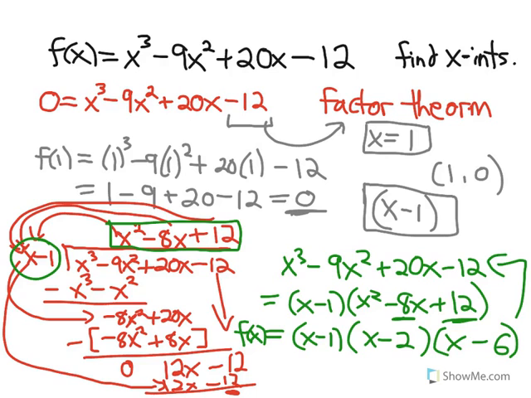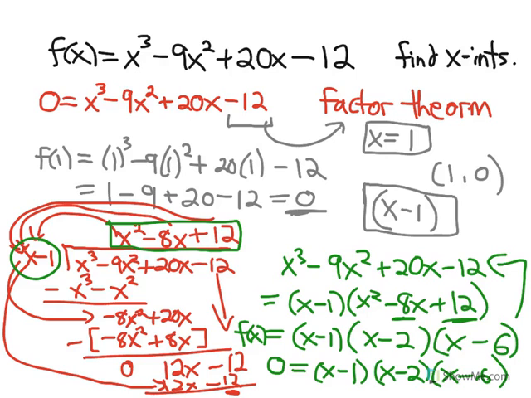The reason we like it in factored form is because, as we said, we want to set f of x equal to 0. So 0 equals x minus 1, x minus 2 times x minus 6. Again, factored form is perfect when we're setting it equal to 0, because now we just have one bracket times another bracket equals 0.